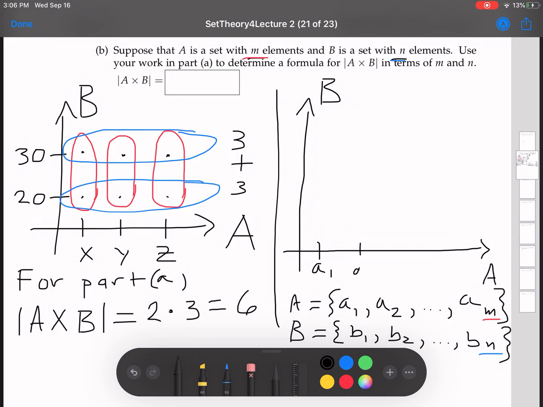So A1, A2, AM, B1, B2, Bn, and we have all these points, right? So we'll draw these a little bigger to emphasize that they're points. And the little dots mean that this just goes on and on and on until you get to there.